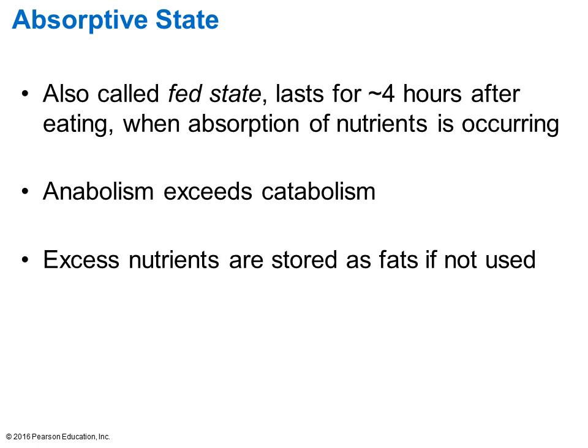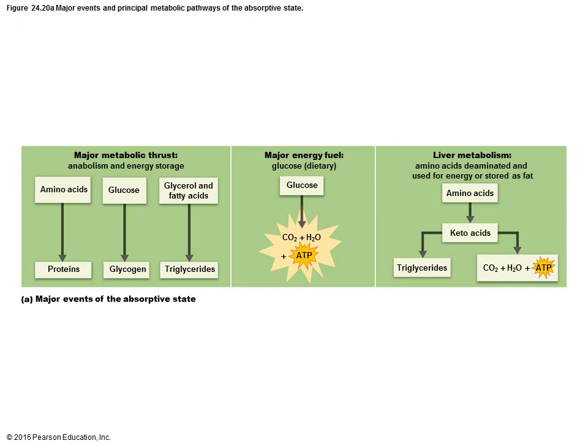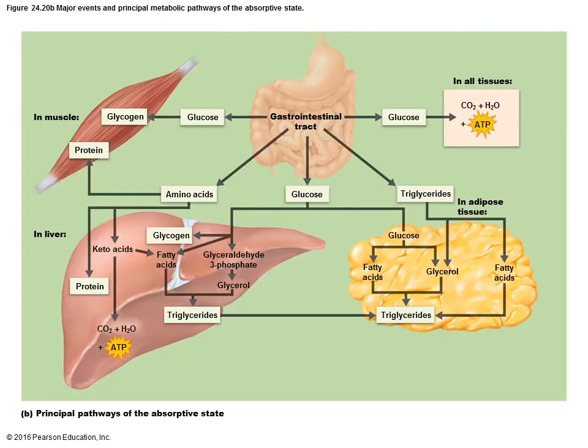The absorptive state or fed state is when absorption of those nutrients is occurring. If there's excess nutrients, sometimes they get stored as fats if they're not going to be used. And so this is showing us it's being absorbed. Some of the major pathways from the digestive system of how the glucose can be shuffled into either adipose tissue or processed in the liver, stored excess as glycogen.